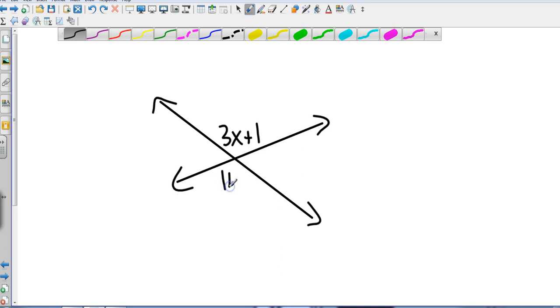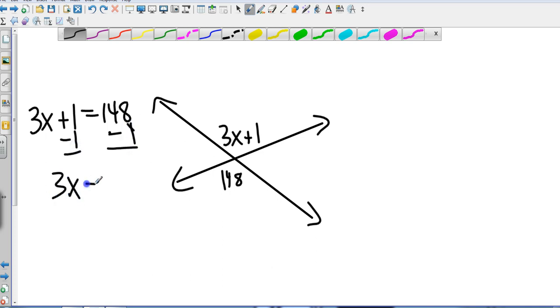And that this is 148. Then just using my vertical angle congruence theorem, we've got 3x plus 1 equals 148. And we could solve for x. Minus 1. So that's 3x equals 147. Divide both sides by 3. And that's going to be 49.